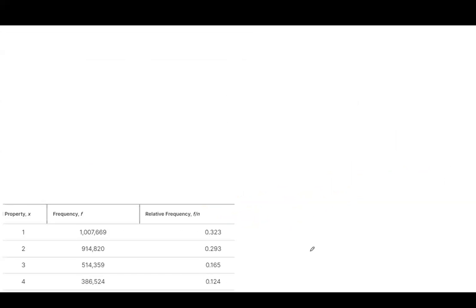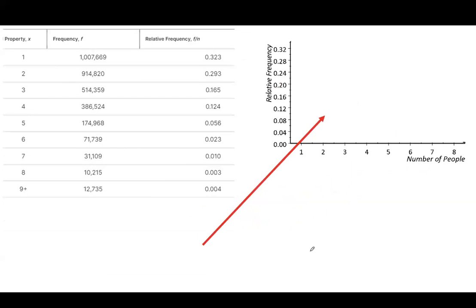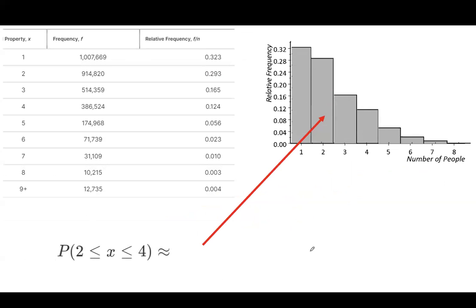And one last question. Suppose I ask you to find the probability that you have between 2 and 4 people living in those properties, inclusive. So the probability that X is 2 is 29.3%. The probability that it is 3 is 16.5%.